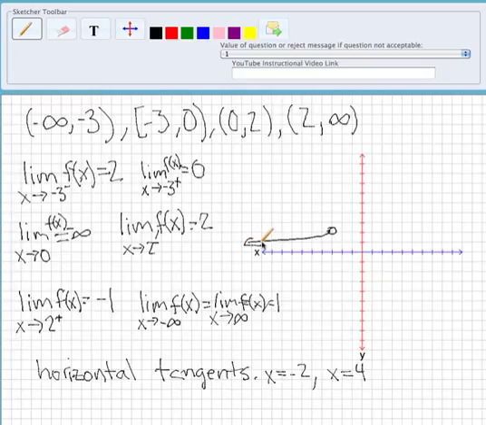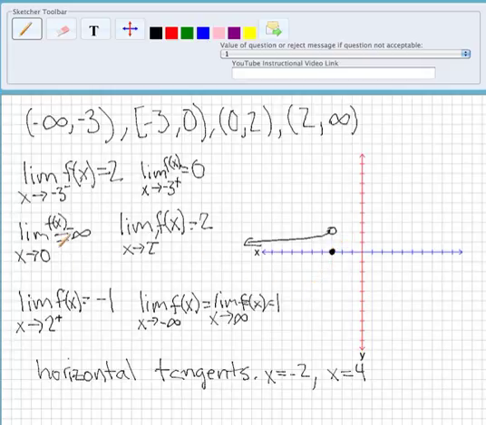All right? And then we're going to look at this next little spot of the graph. So now from negative 3 to 0, from the right end, the limit is going to be equal to 0. And since it's closed, it's going to be a closed circle right here. All right?